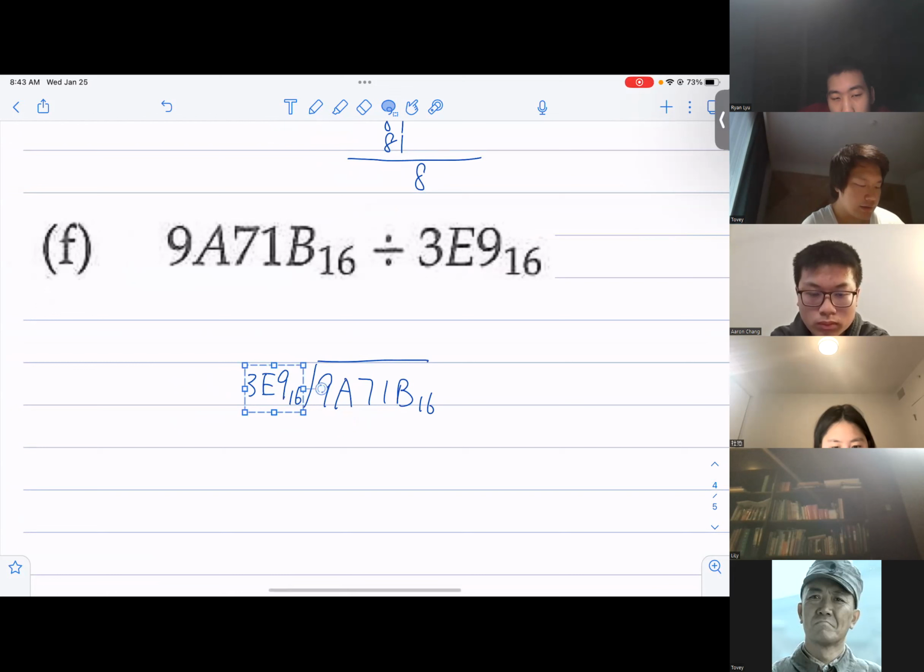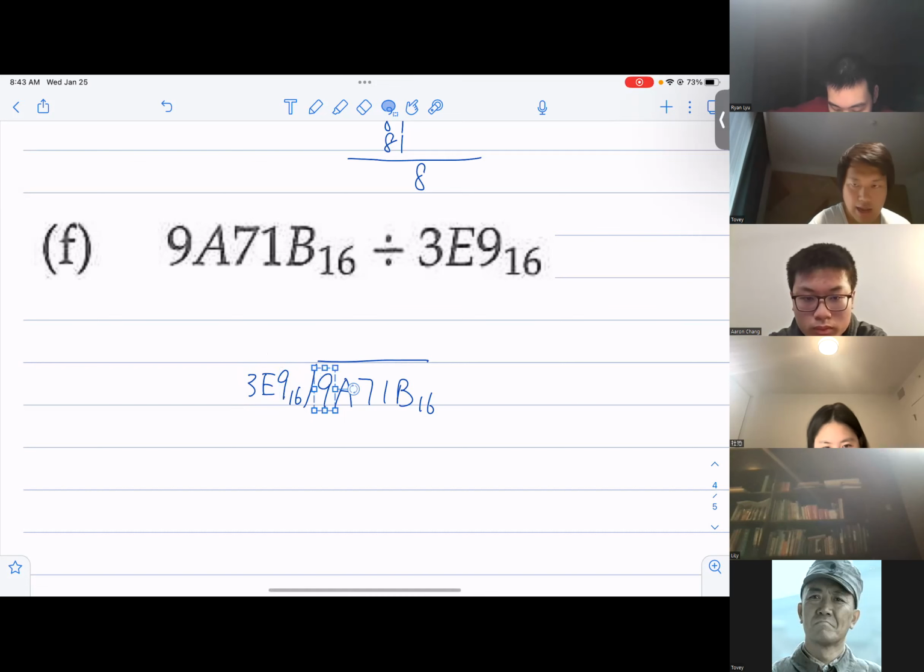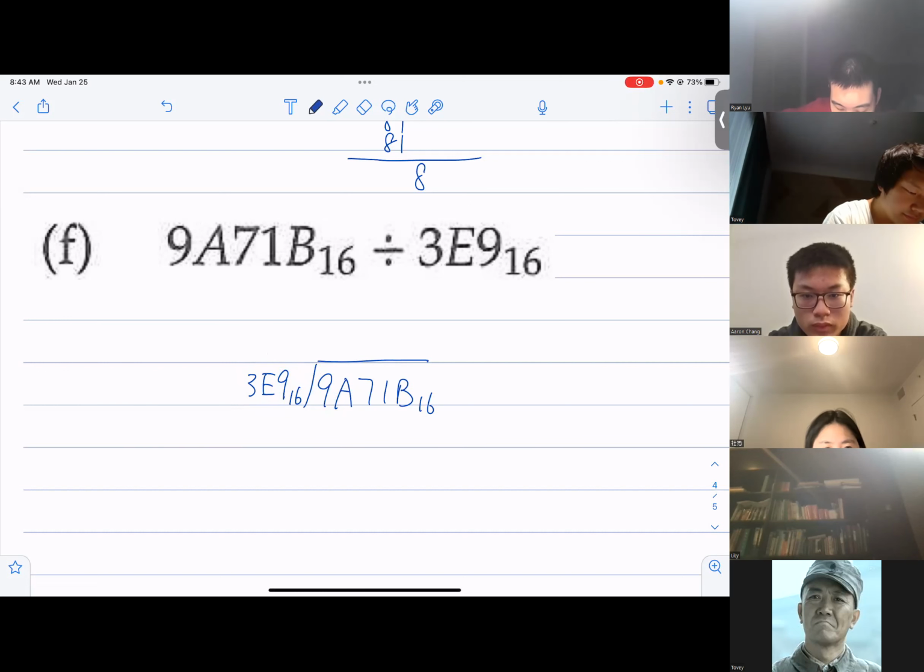So 3E9, this is 9A7, right? So we can try what? Do we try 3 or do we try 2? 2, right? Because if we try 3 times E, that's a lot. That has to carry over, right? You wouldn't get a 9. So you can try a 2. Okay, that makes sense?